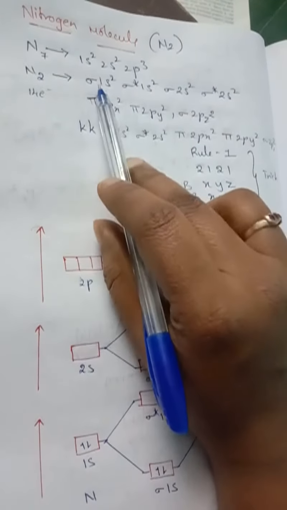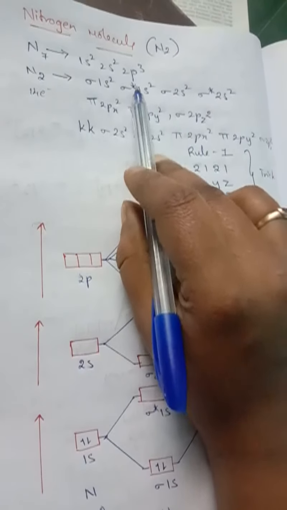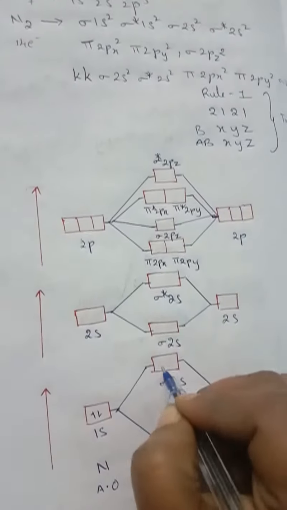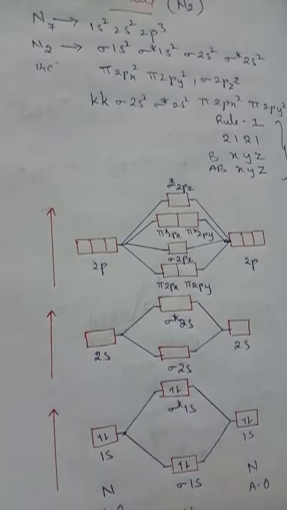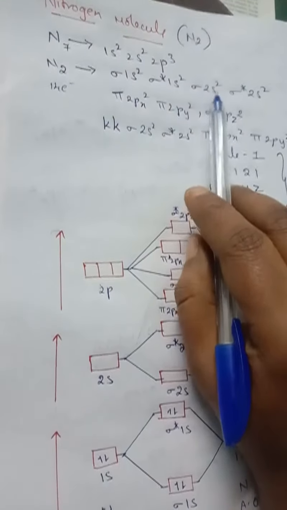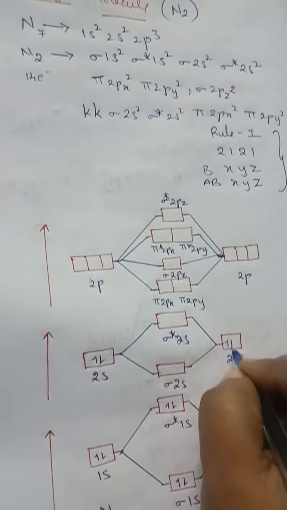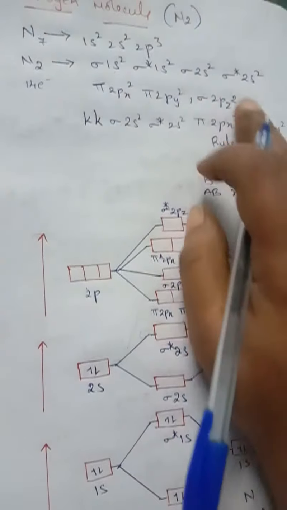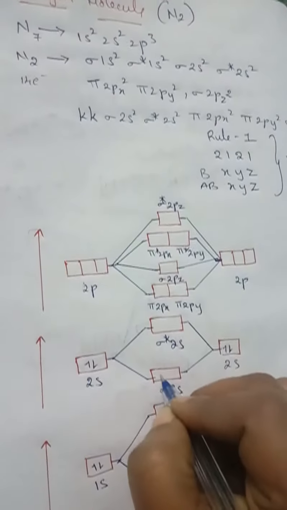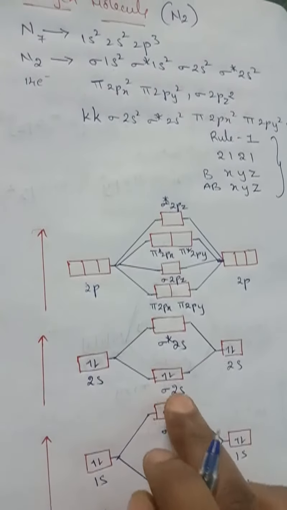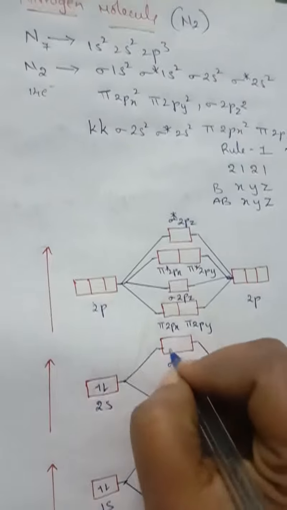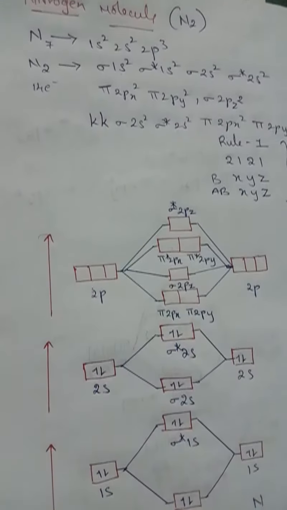In sigma 1s 2 electrons are present, in sigma star 1s 2 electrons are present. Next comes the 2s orbital. How many electrons are present? 2. Here also, in bonding, how many electrons are present? 2. In the bonding molecular orbital 2 electrons are present, and in anti-bonding also 2.